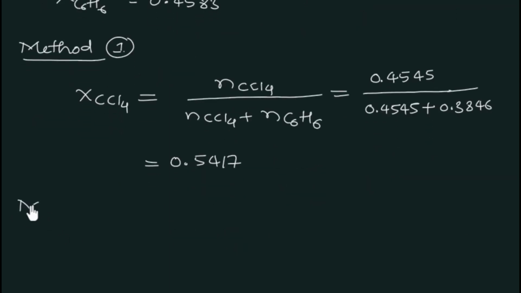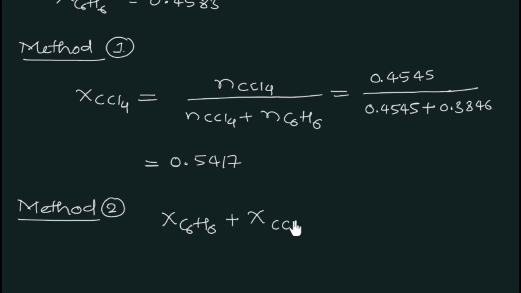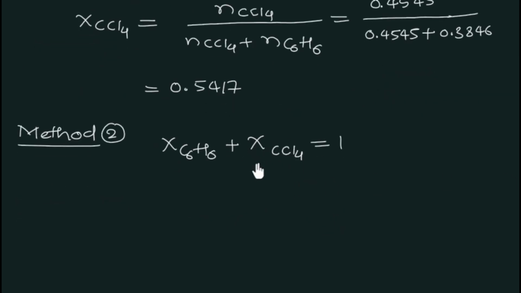There is one more method, method 2. In the second method, we think that the sum of the mole fractions of all the components in the solution is unity. That is, the mole fraction of C6H6 plus the mole fraction of CCl4 is equal to 1.